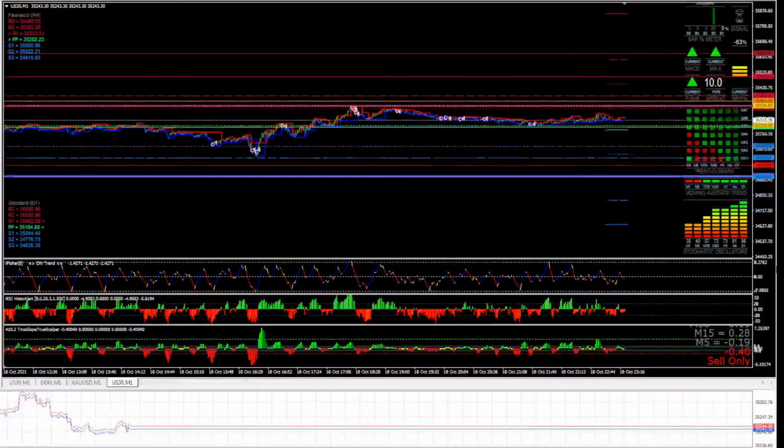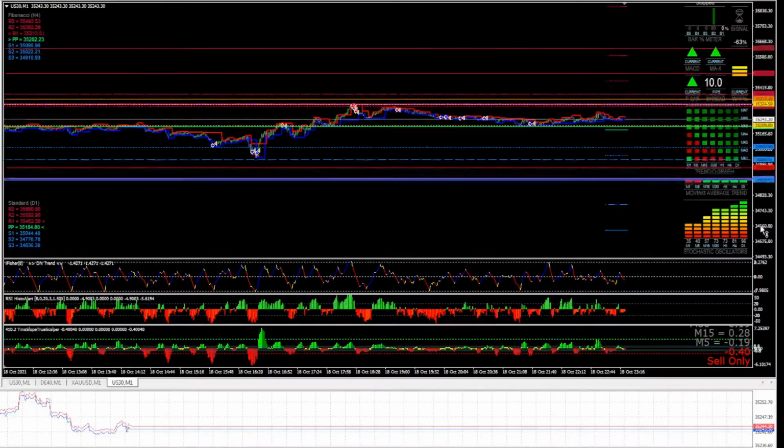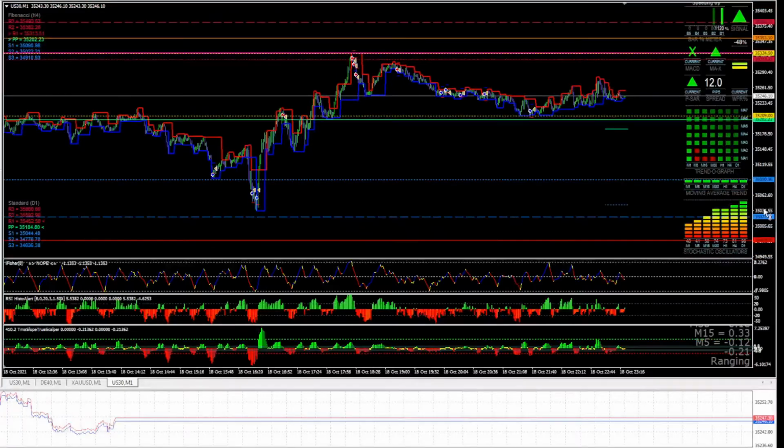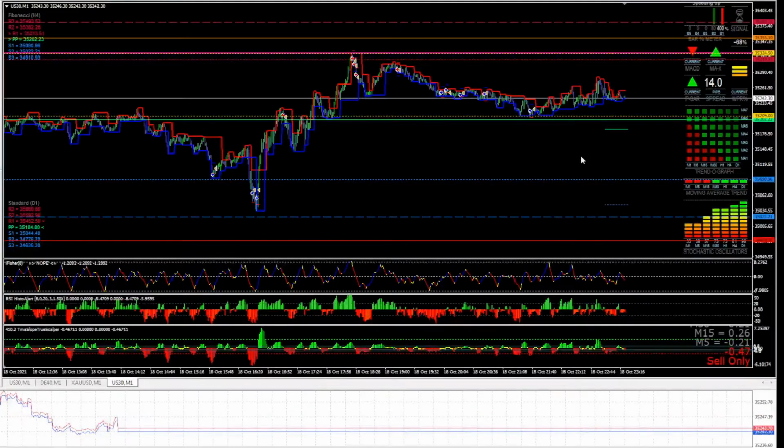If you go further, you have S2, S3, R2, and R3. All these levels are considered auto self-fulfilling levels because everyone is looking at them, so you might expect a price reversal on this side.